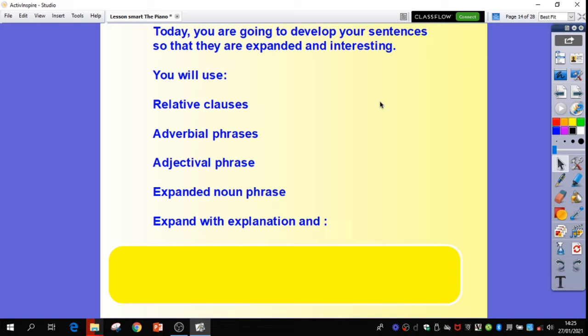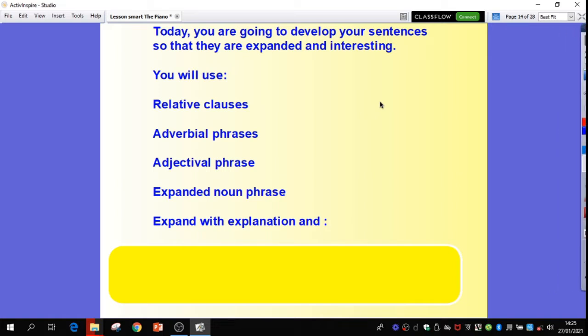So Year 6, today we are going to develop your sentences so that they are expanded and are interesting. And to do this, you're going to be using a relative clause, adverbial phrases, adjectival phrases, expanded noun phrases, and you're going to use a colon, and you're going to expand on the simple sentence that you've written with an explanation.